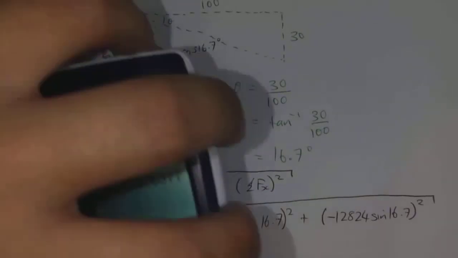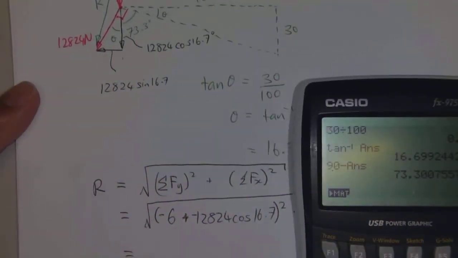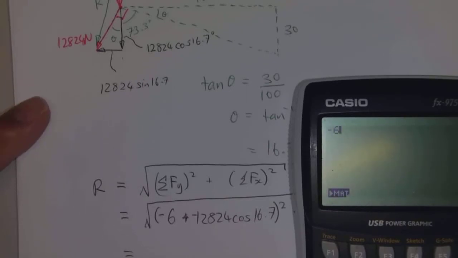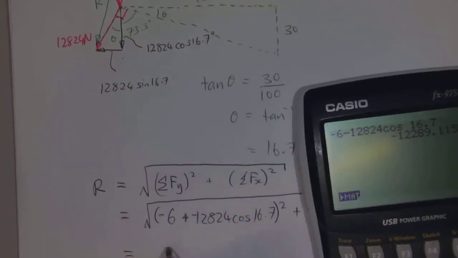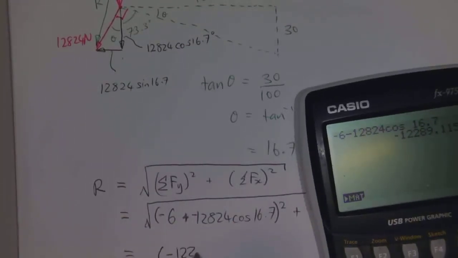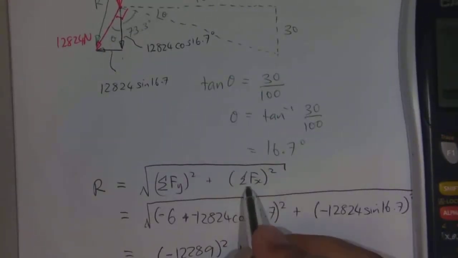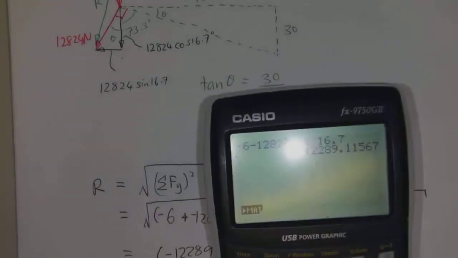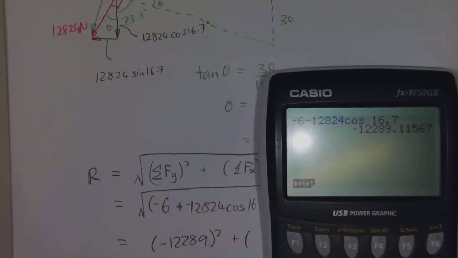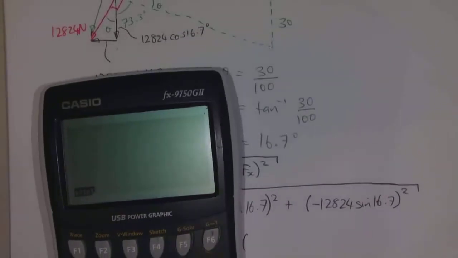So the sum of forces in the y direction is just going to be minus 6 minus 12,824 cosine 16.7, so roundabout minus 12,289, and the summation of forces in the x direction will be equal to minus 12,824 times sine of 16.7.